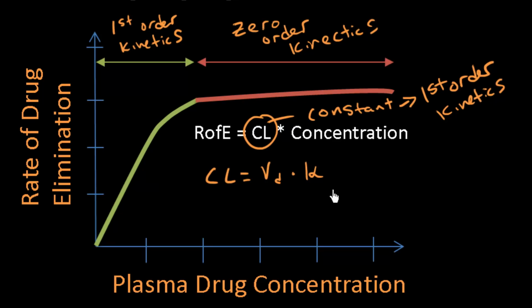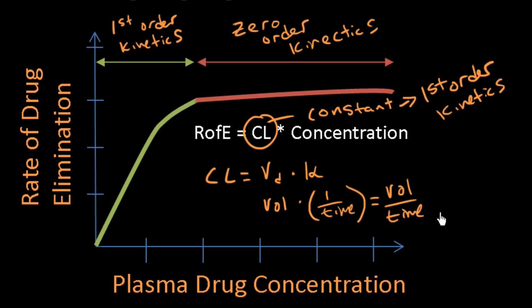But this equation isn't too bad, because if we look at the units for each one of these, the units for volume of distribution is just volume, and the units for the first order elimination rate constant is inverse time. So that's 1 over time. And if we multiply these two by each other, we get the units of volume over time, which would be clearance.